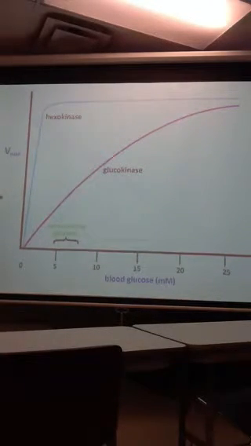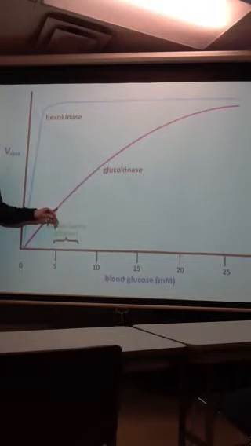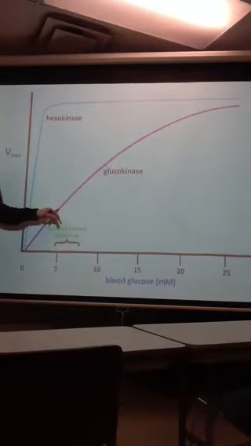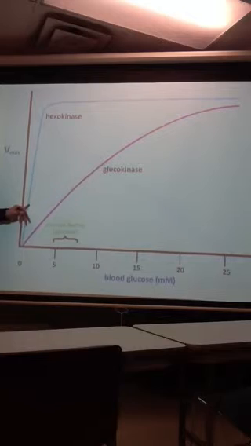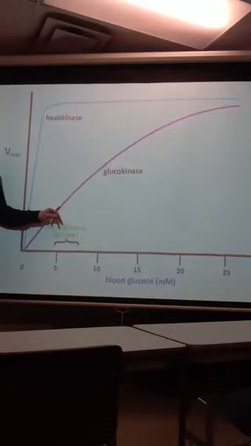And remember, where is glucokinase? The liver. And what's the liver's job? To regulate blood glucose concentrations. And the liver does not use glucose as a primary energy source. The liver prefers not to use glucose as an energy source. It prefers to save it for other things. So under normal conditions, actually probably the liver's hexokinase is working faster than its glucokinase.